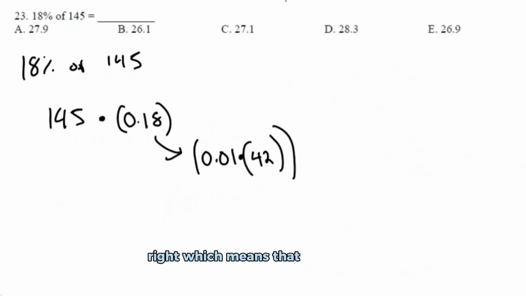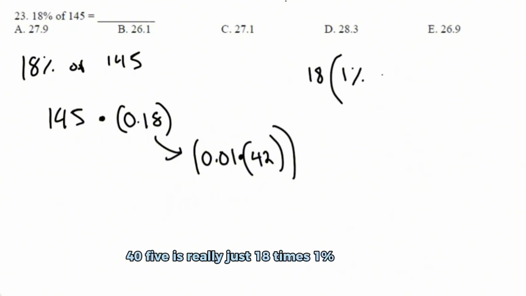Which means that 18% of 145 is really just 18 times 1% of 145.